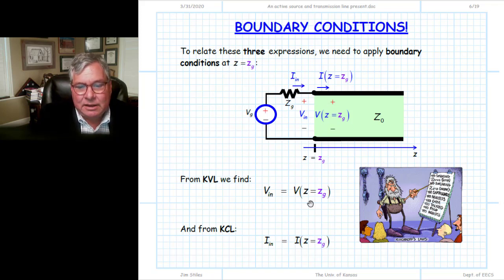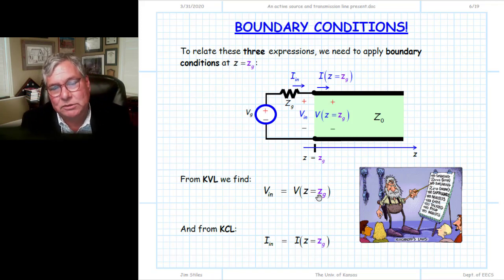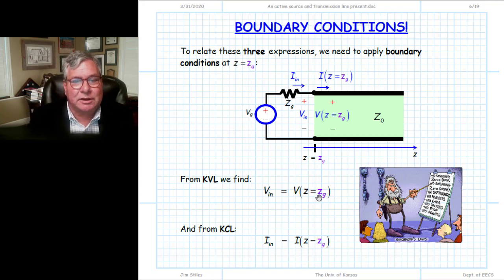And so we come up with this mathematical statement: Vn is equal to the total voltage when evaluated at this location on the line. And again, I emphasize that because students oftentimes will tell me the input voltage is equal to the total voltage function, a function of line index Z. And of course, that doesn't give us a boundary condition.